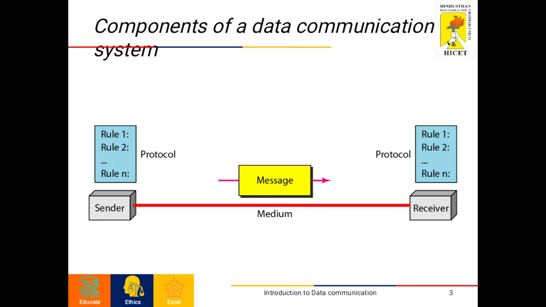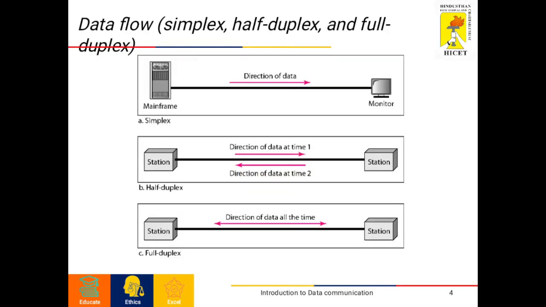Next we are going to see data flow. There are three data flow mechanisms available in data communication. The communication between two devices can be in simplex mode, half duplex mode or full duplex mode. Let us see them one by one. The first is simplex mode.